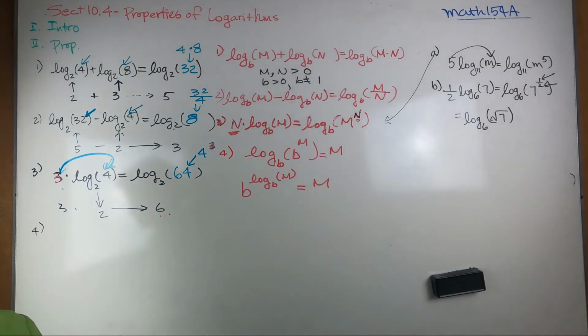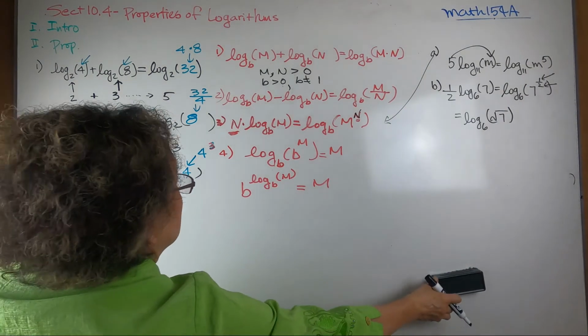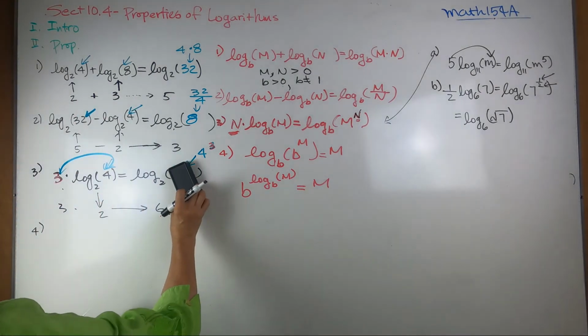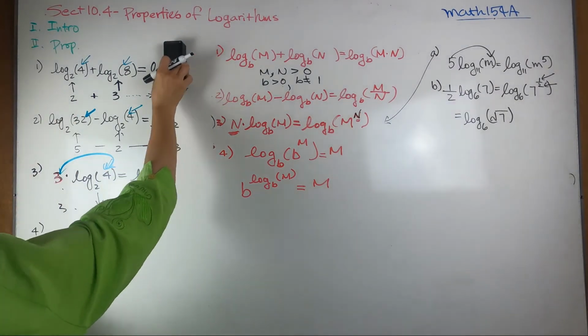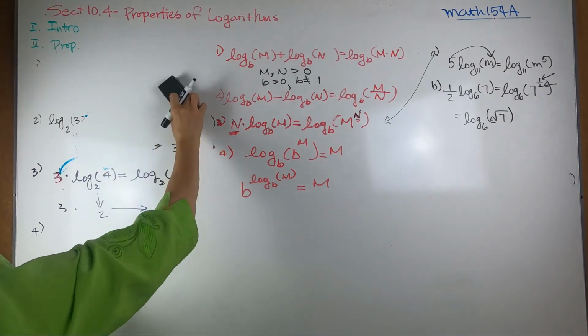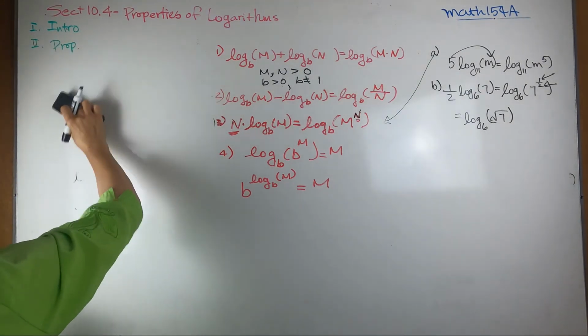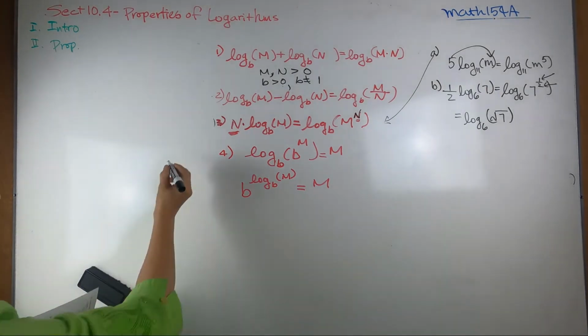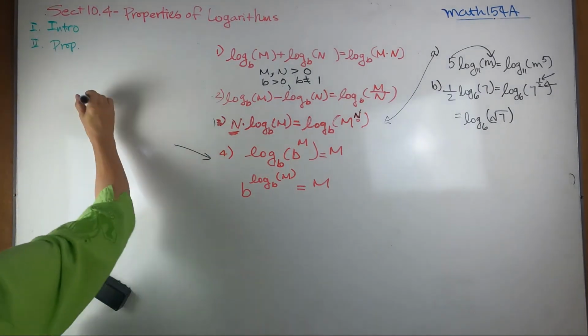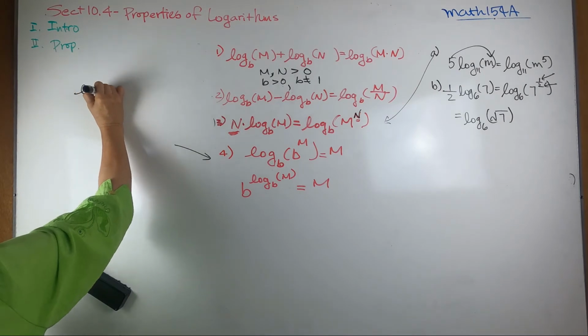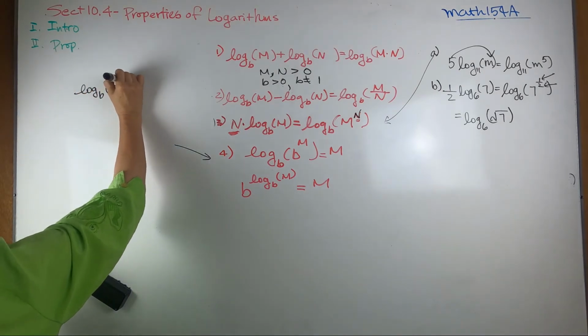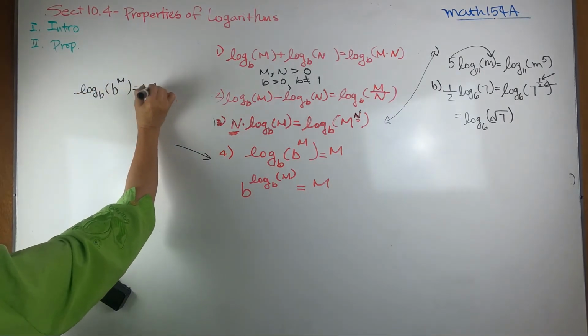And let's see. But for your pre-cal 103B, you probably will use those. So the reason for this: log base b of b to the n power is n, right?